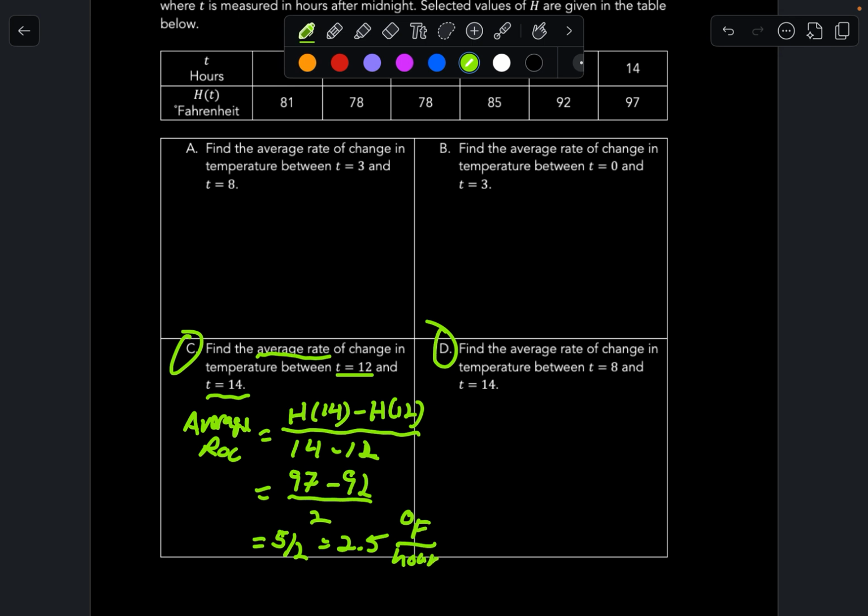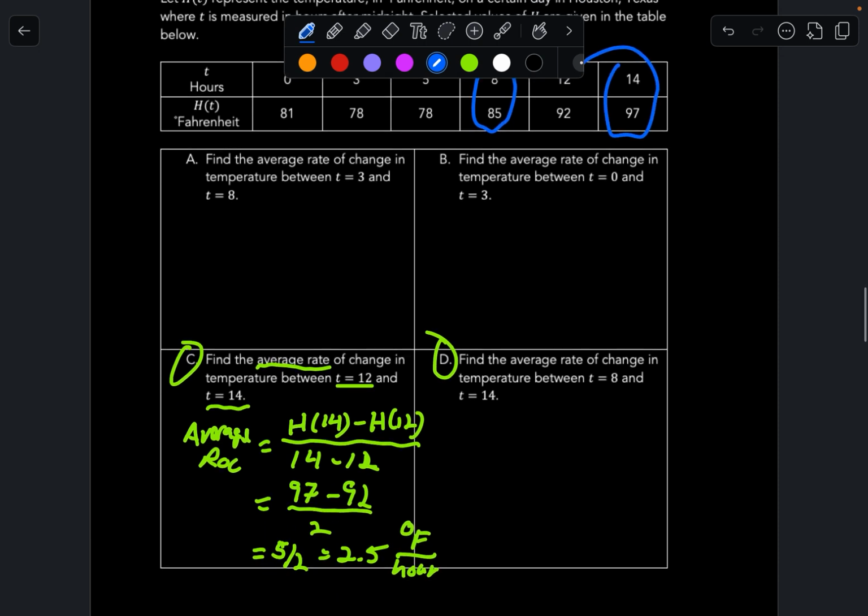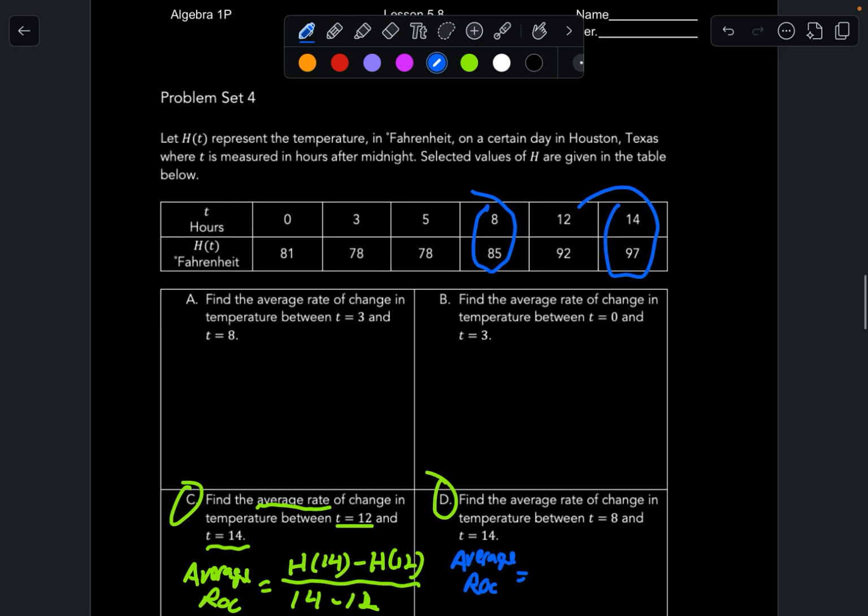Find the average rate of change of temperature between t equals 8 and 14. Same idea. We'll look at 8 and we'll look at 14. So the average ROC would be H evaluated at 14 minus H evaluated at 8, all over 14 minus 8.